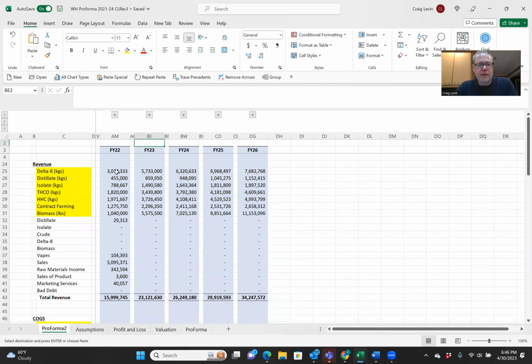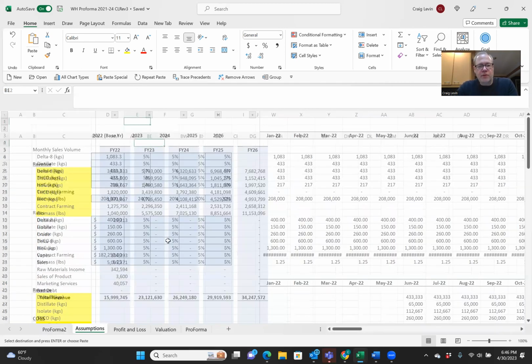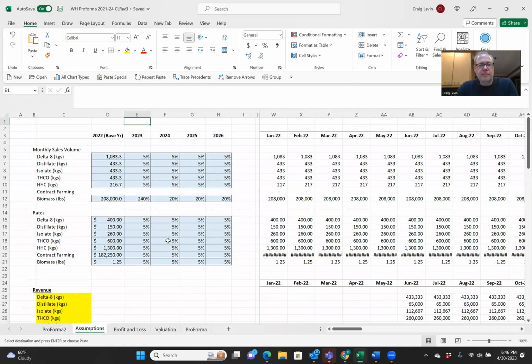And the nice thing about adjusting this down is that you can do it in this worksheet where you've got assumptions. And you can see that there's a monthly sales volume of Delta 8 and distillate, for example.